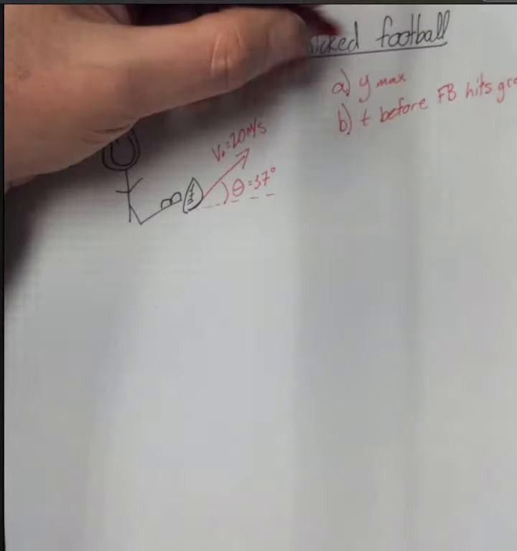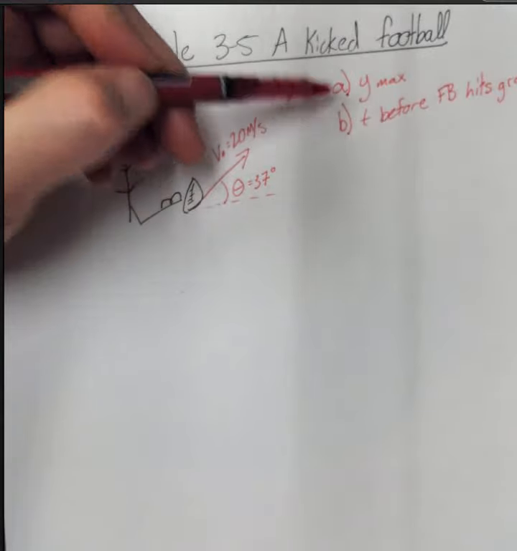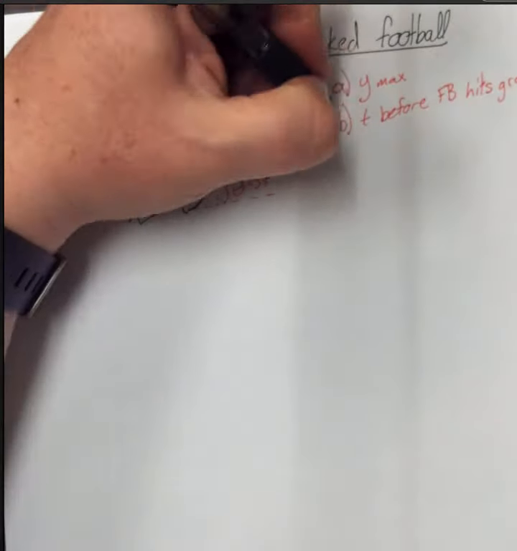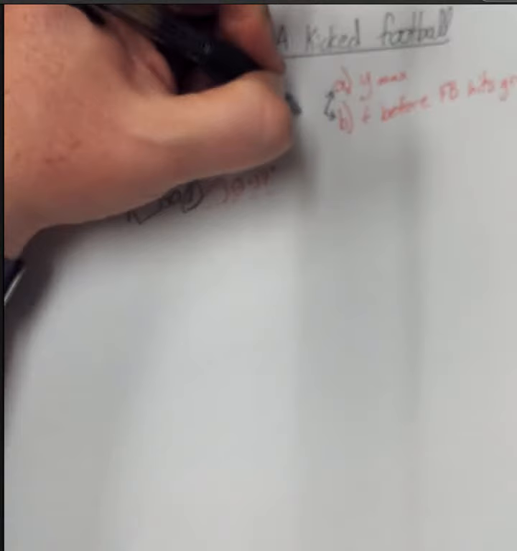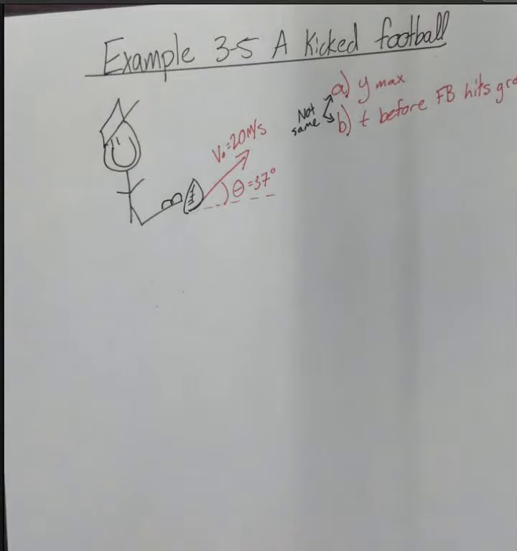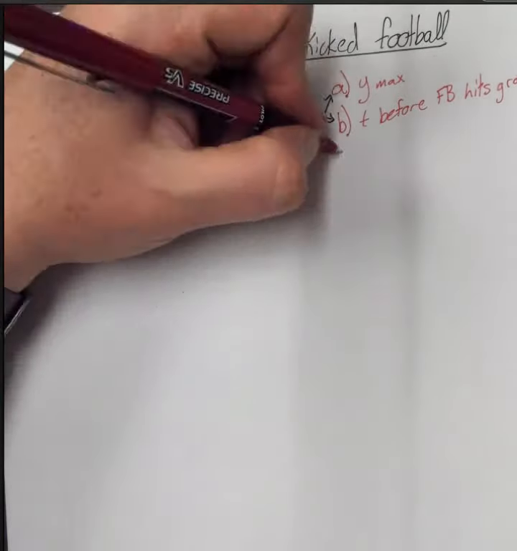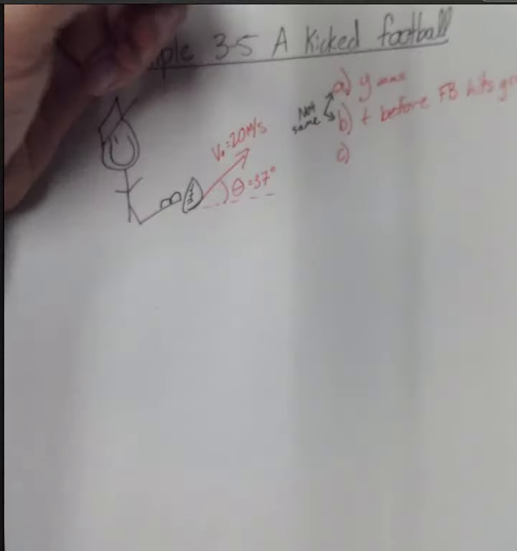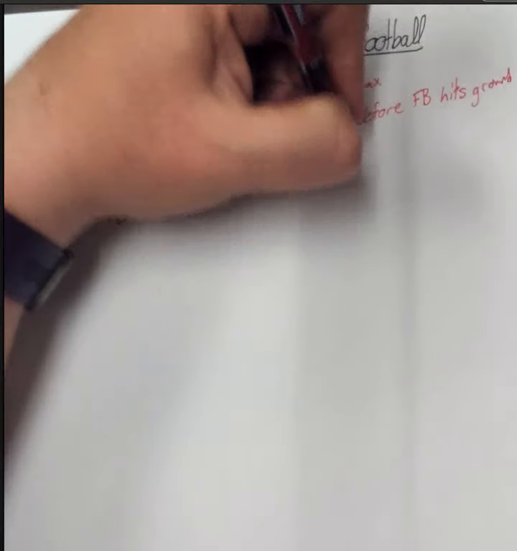Now, one of the things I know is that these two don't match, right? These two aren't the same time, aren't the same interval. So I'm going to be breaking my problem down a little bit. Another thing that I'm going to need to solve for is its displacement when it hits the ground.